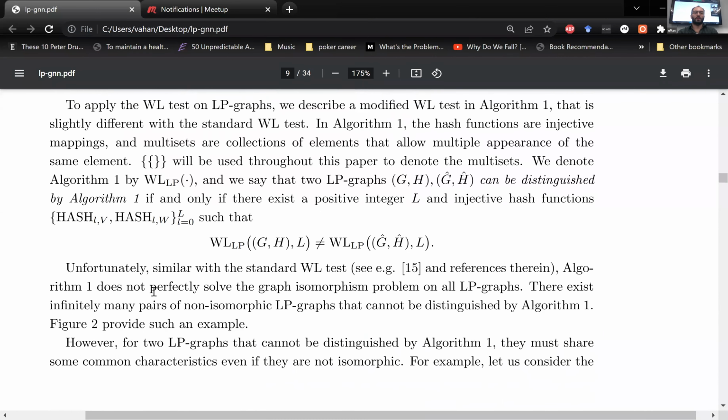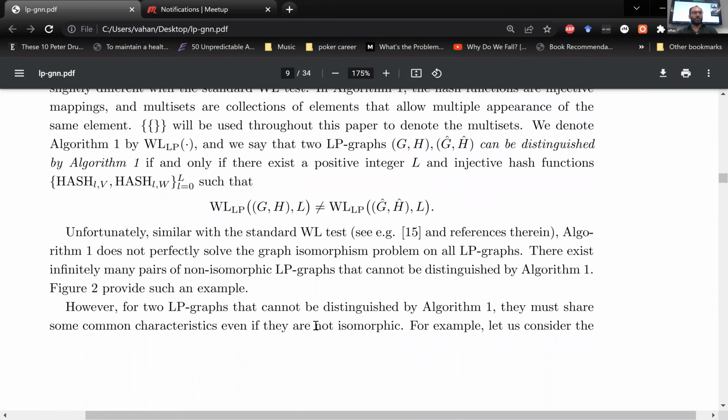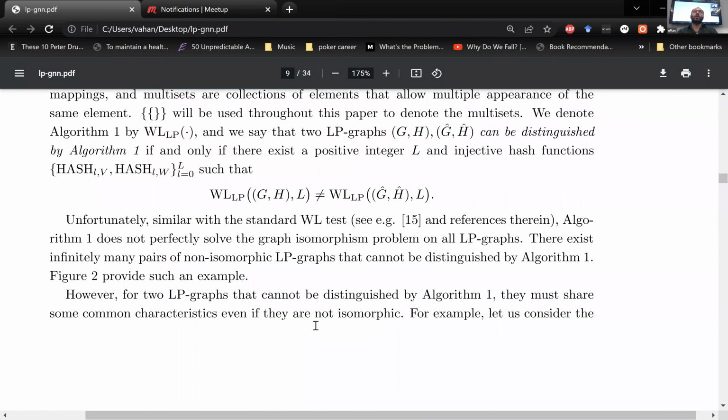Okay, so this formula down here basically says that. And that's also why we don't even know how difficult it is to determine if two graphs are isomorphic. We don't even know if it's NP-complete. There is no proof about anything about the complexity.